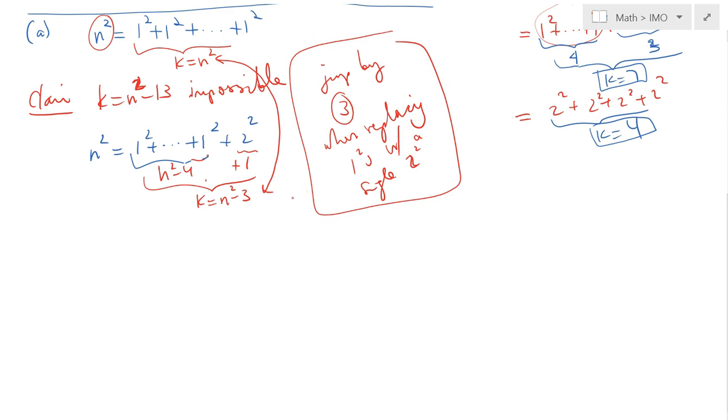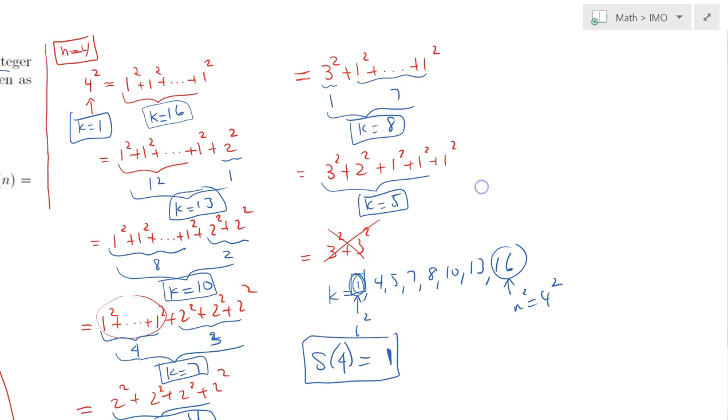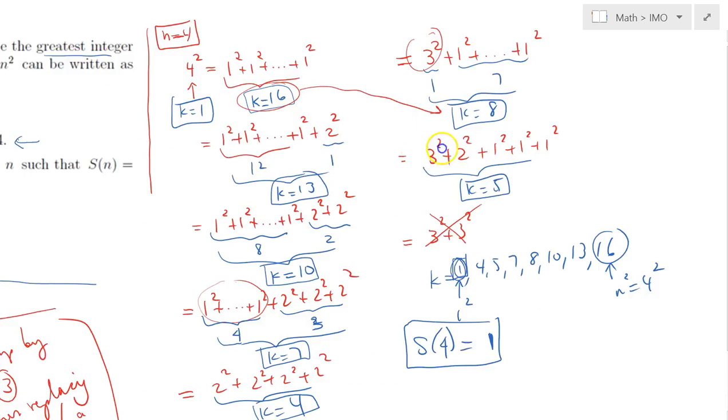And in a similar way, like we did here, observe that, for instance, k used to be 16, and by just introducing a single 3 square, the value of k went down by 8. Do you see that? Because 3 square is equal to 9, which is 9 1 squares. So I had to remove 9 1 squares and replace them with a single 3 square for a difference of 8.